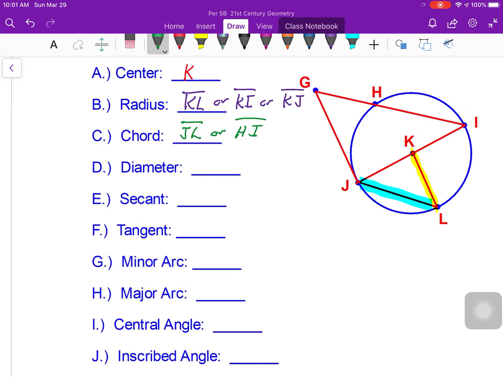And it almost appears that there would be a third one, which would be JI. But JI has a better name. In fact, JI is what we would use for this next one. JI would actually be a diameter. And you can only use two letters.